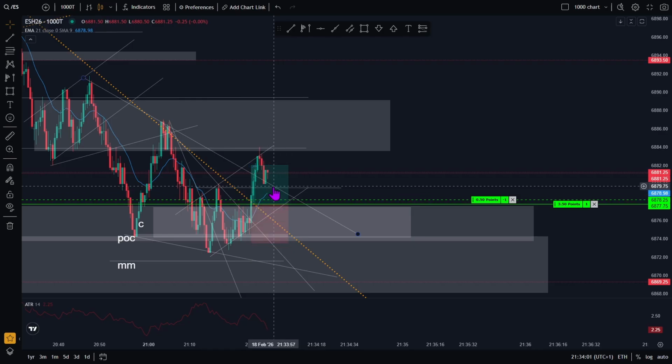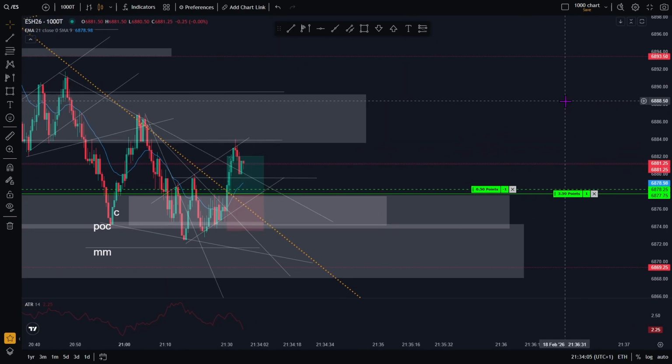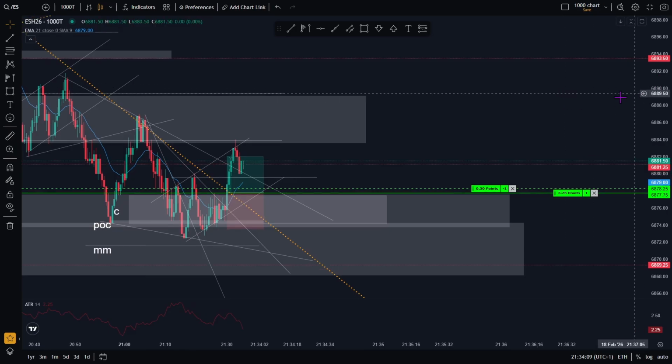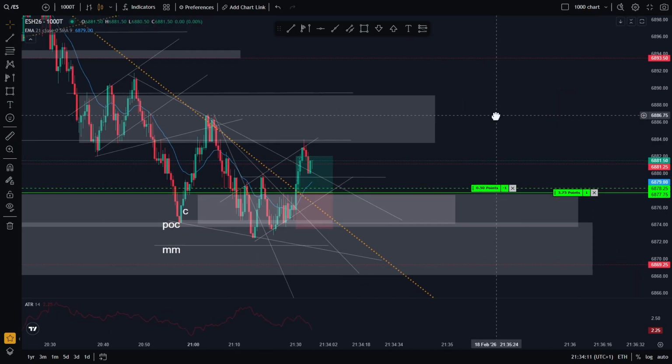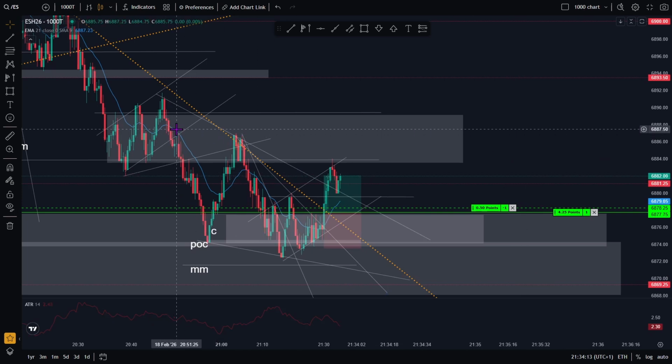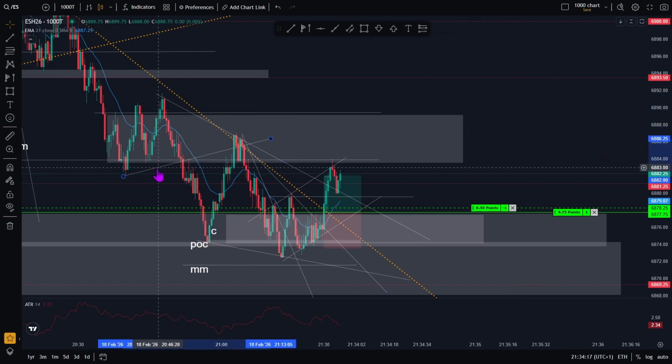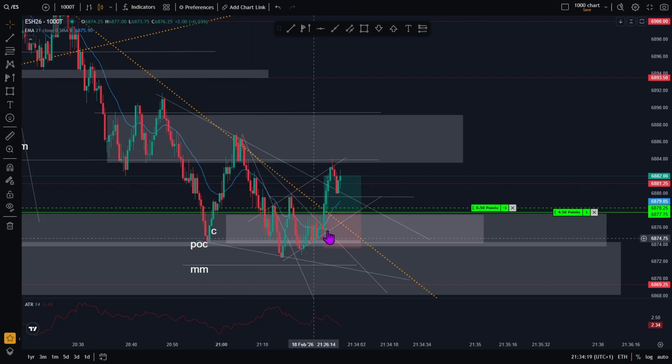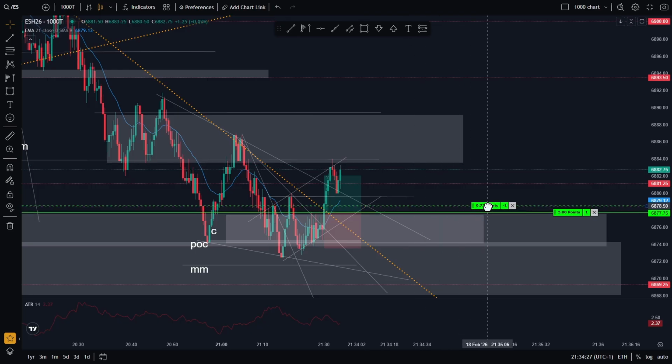Probably we will see a retest of the exponential moving average. You will see. But it was very nice. So I'm gonna do it like this, like this, like this. We are now at the top of the flag, and this is probably going to move further up.